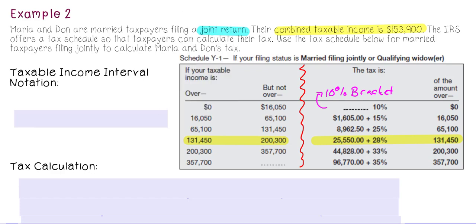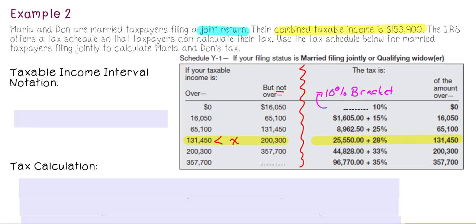First, let's write their taxable income in interval notation. So in this case, the income has to be over this amount, so that means we want to put our X here in the middle. X has to be over that amount, so it's not equal to it.